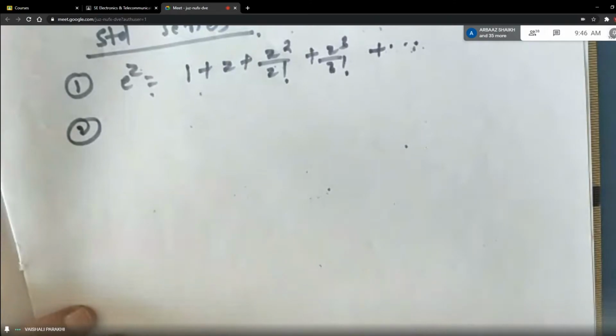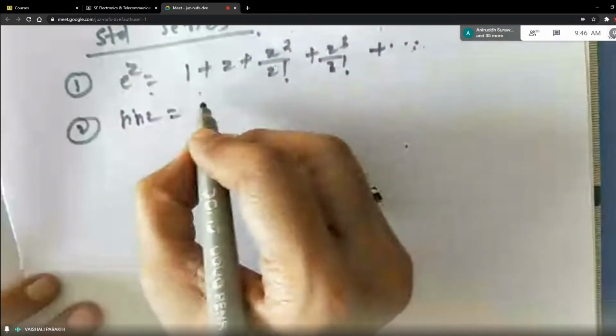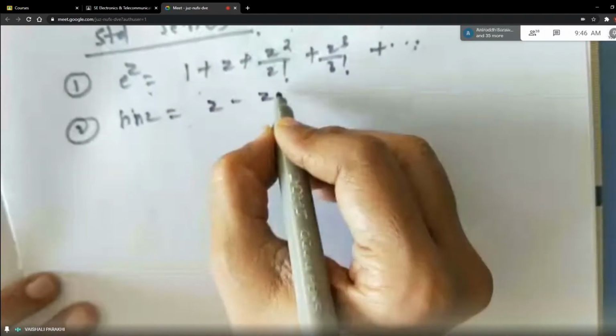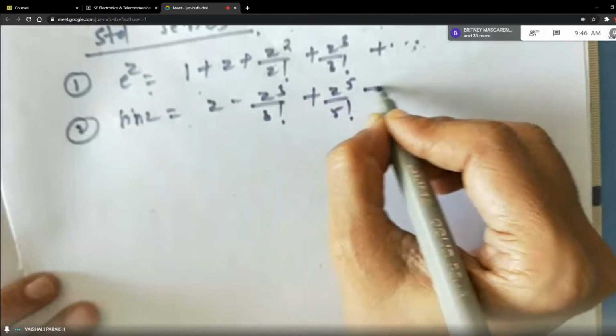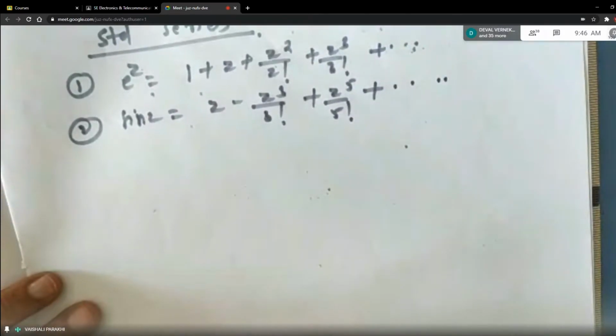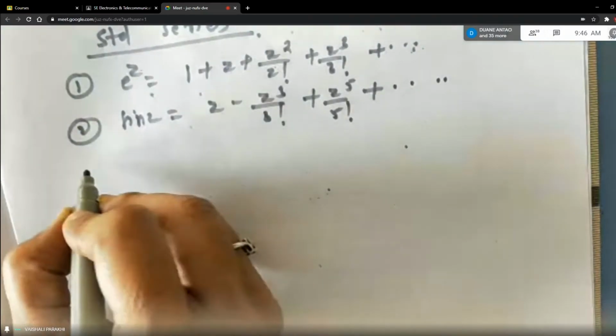Right? Now what is the second formula? It is sine of z. What is the expansion for sine z? z minus z cube by 3 factorial plus z raised to 5 by 5 factorial and so on. Means the powers of z are odd powers when you write the expansion for sine.